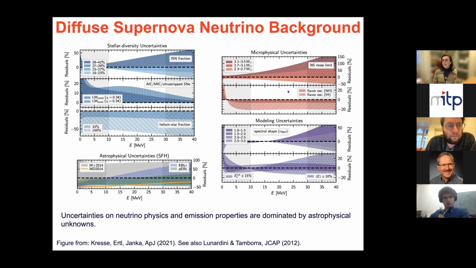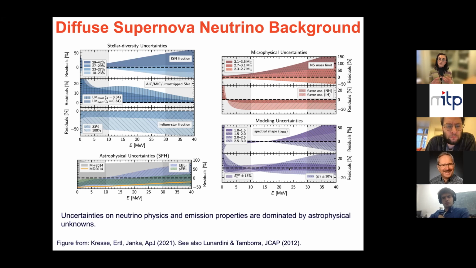On this part of the plot, you can see instead the effects due to, for example, neutrino mixing, or to the shape of the neutrino spectrum, and also to the average energy of the neutrinos.